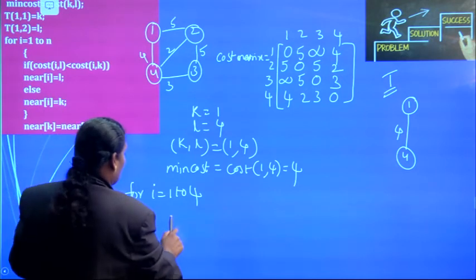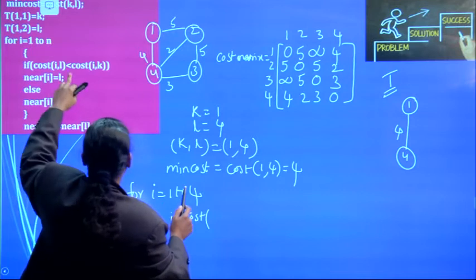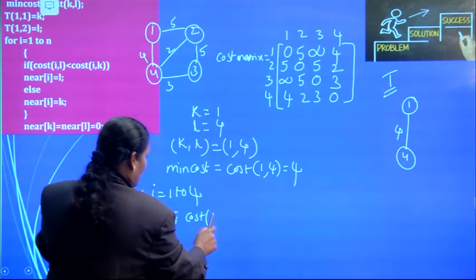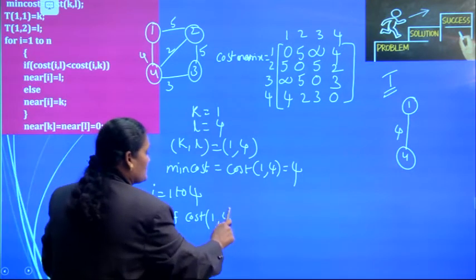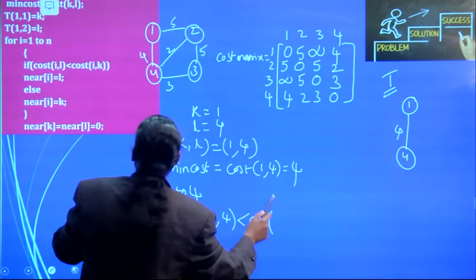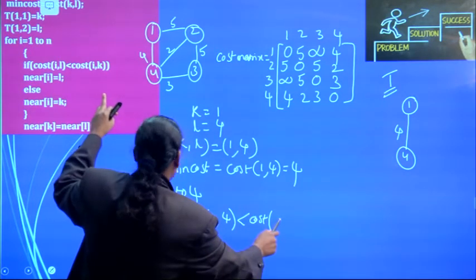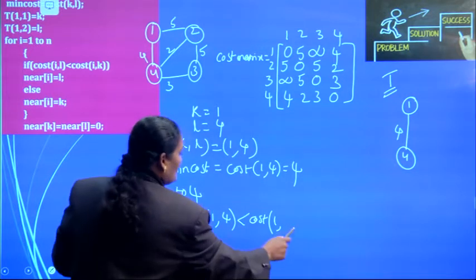If cost of I comma L, I is 1 and L is 4, cost of 1 4 is less than cost of I comma K. I is 1 and K is 1.